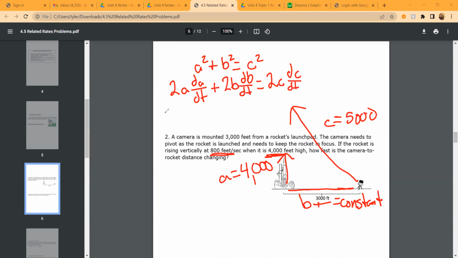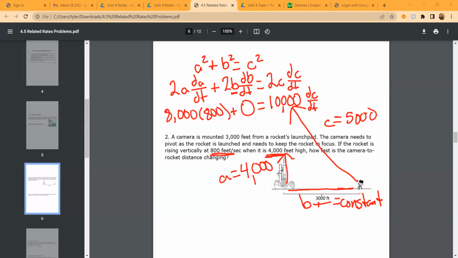So this becomes 8,000 times 800 plus 0. Again, I don't care what B is because dB/dt is 0. And then 10,000 dC/dt. All right.